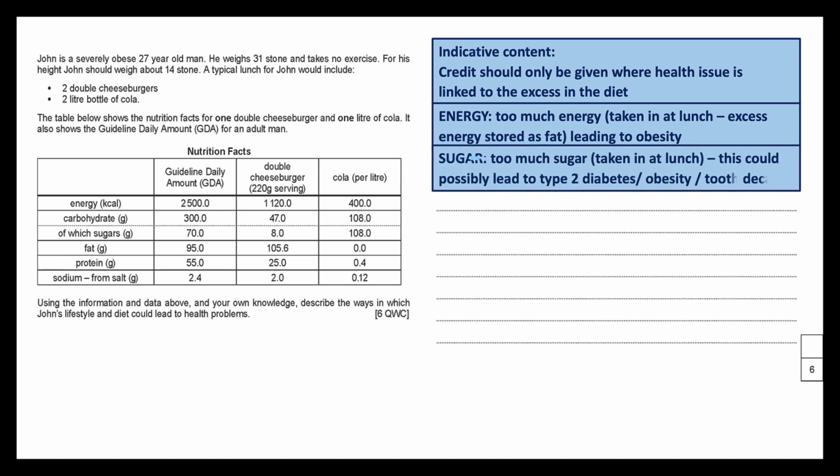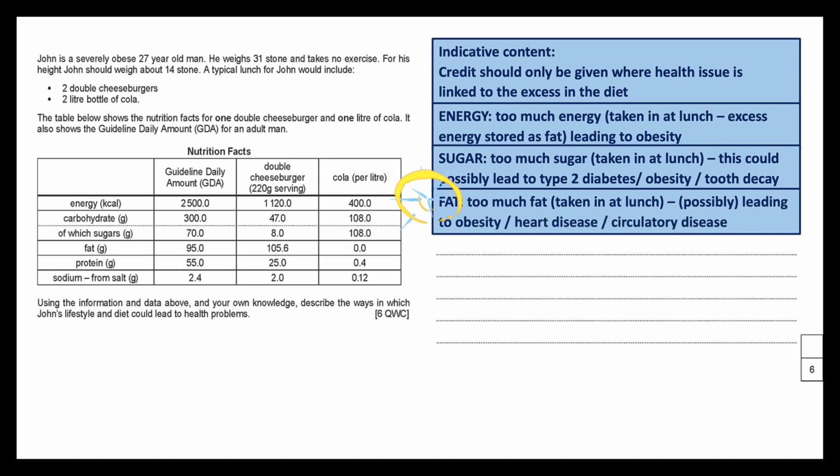Too much sugar taken in at lunchtime could possibly lead to type 2 diabetes or obesity or tooth decay. Too much fat taken at lunchtime could possibly lead to obesity, heart disease, or circulatory disease.